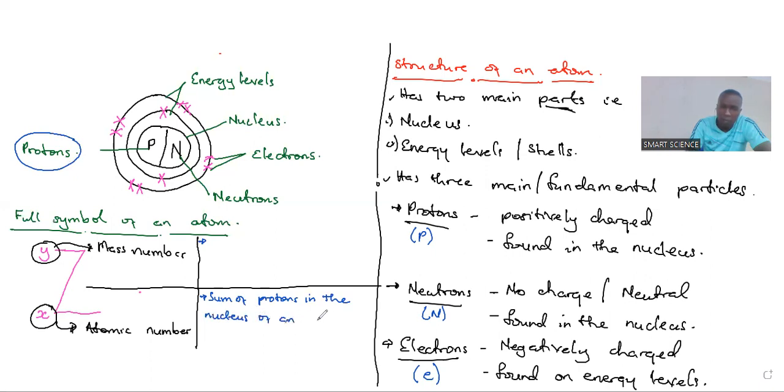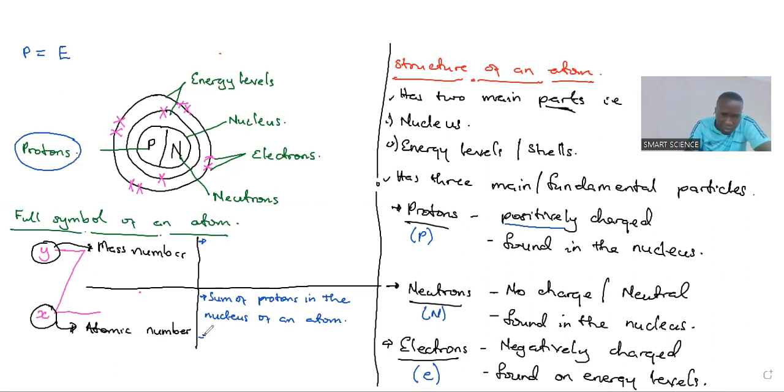of any atom. Another person will come to a statement where we said that since an atom is electrically neutral, it means the positively charged protons will be equal to the negatively charged electrons for this to be neutral.